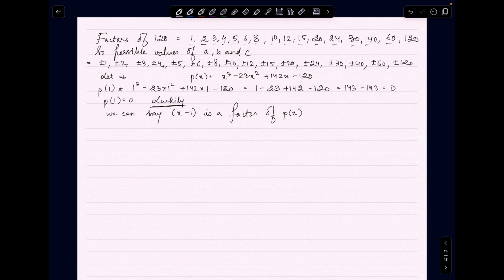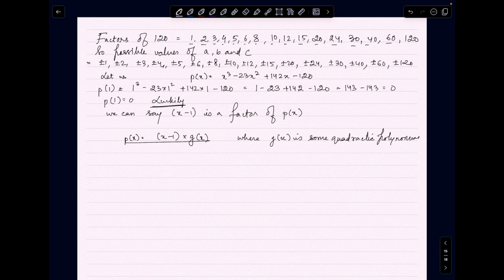So P of x can be written as x minus 1 into some polynomial g of x, where g of x is some quadratic polynomial.